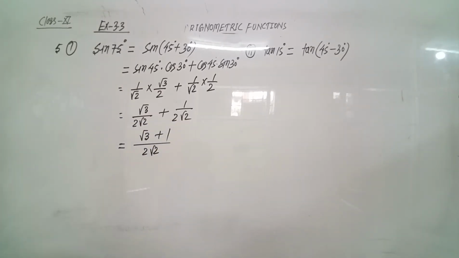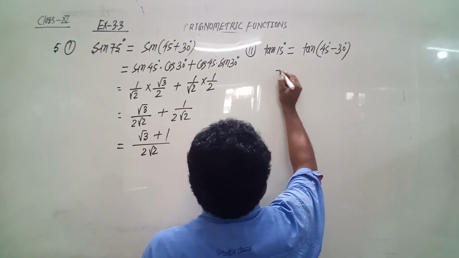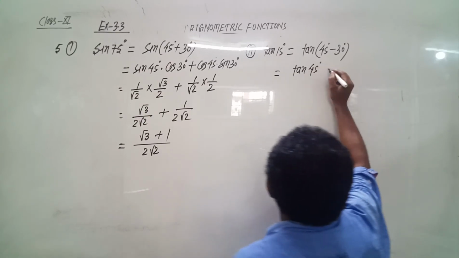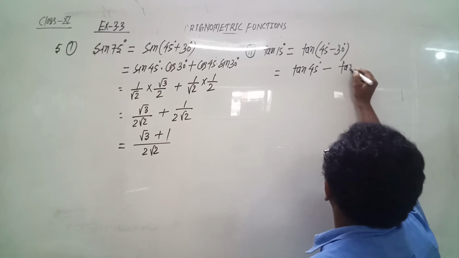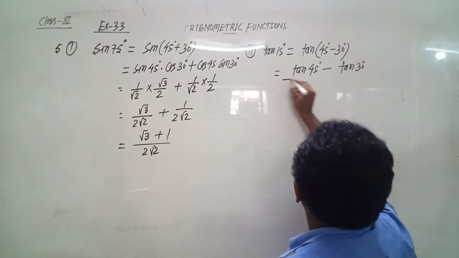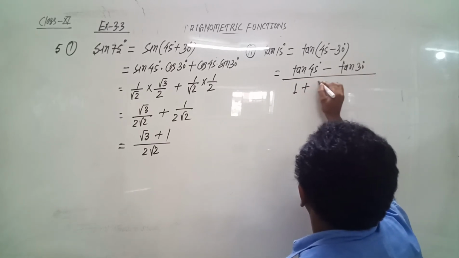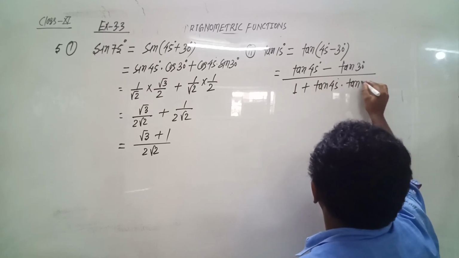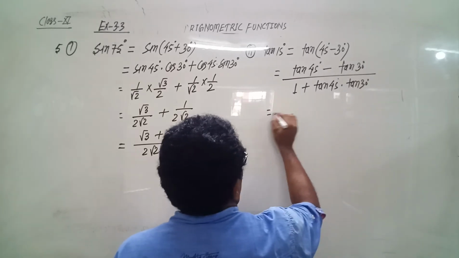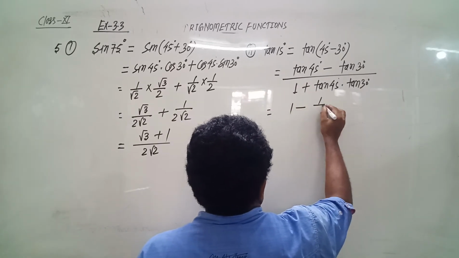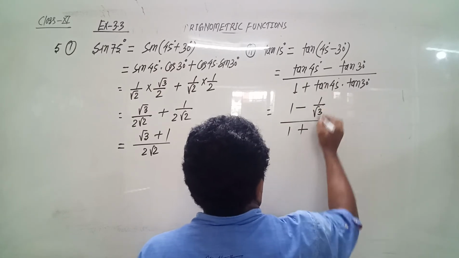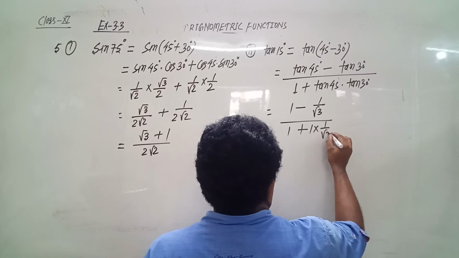Now we use the formula for tan of A minus B, and tan A minus B is written as (tan A minus tan B) upon (1 plus tan A into tan B). So the value of tan 45 is 1 and tan 30 is 1 by root 3.